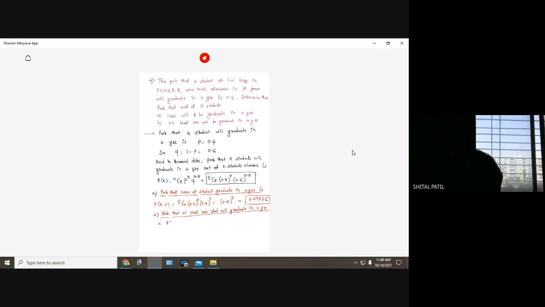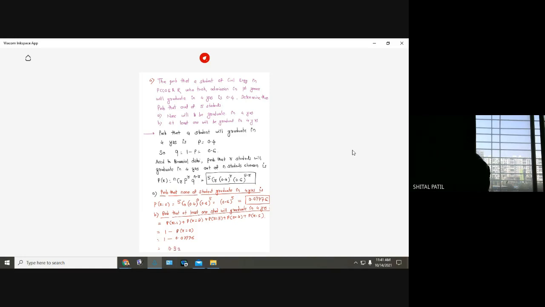So probability of R equal to 1, probability of R equal to 2, probability of R equal to 3, R equal to 4, R equal to 5. But instead of finding all these values, we can find 1 minus probability of R equal to 0. That's it. So 1 minus 0.07776. That's it. We'll get the required answer.